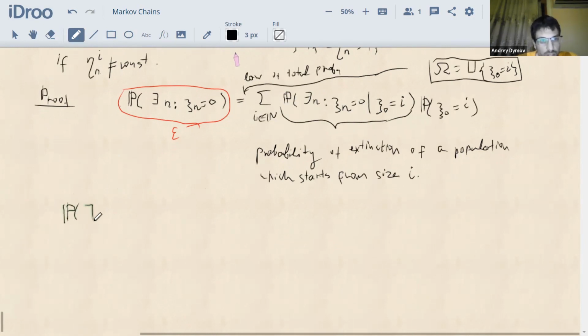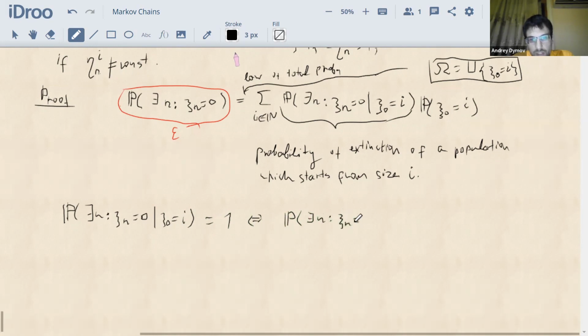The probability that everybody one day will die, conditioning at the event that at the initial moment of time the size of your population is I, equals 1 if and only if the following probability equals 1.